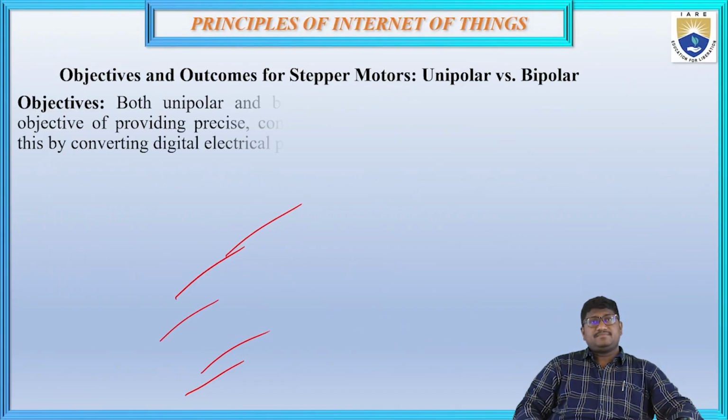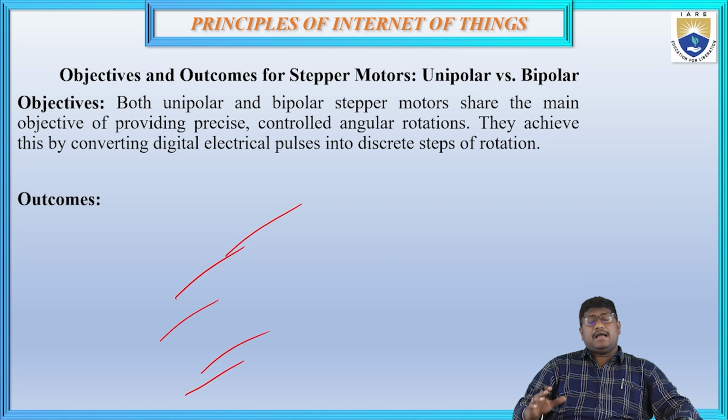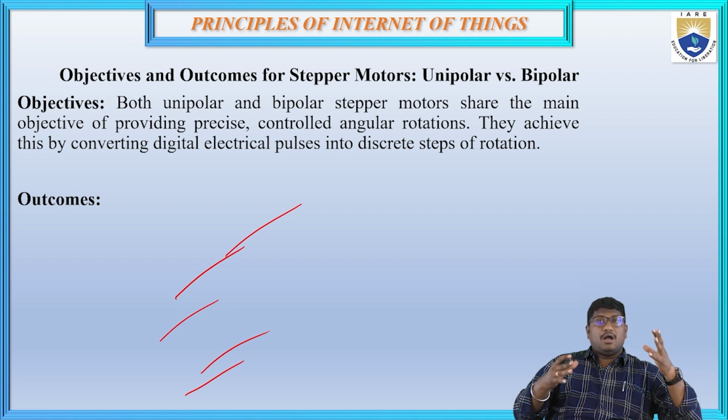What are we aiming for in learning about these stepper motors? These are the main objectives and outcomes for stepper motors. There are two different types of stepper motors, as I told you, unipolar and bipolar, and these two share specific things.